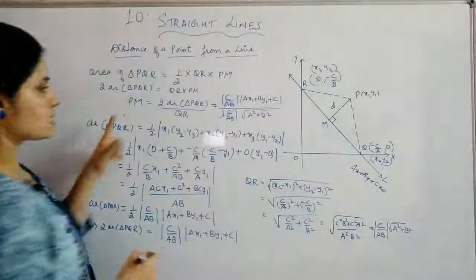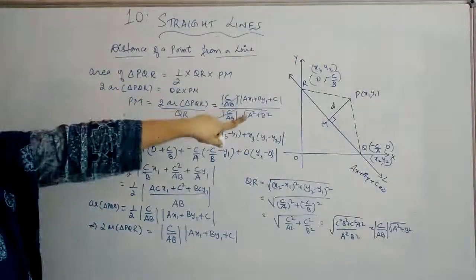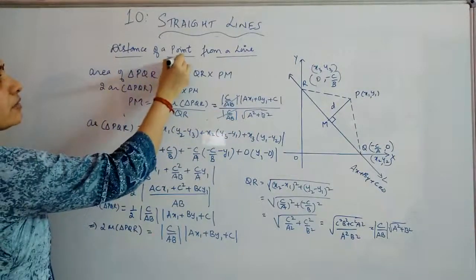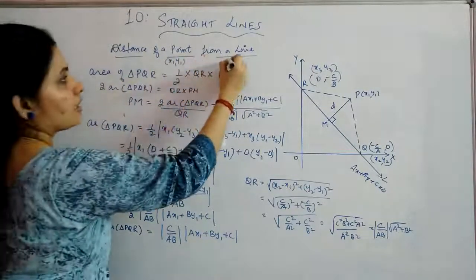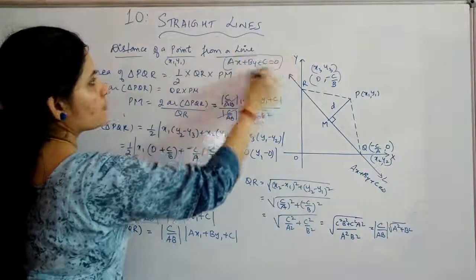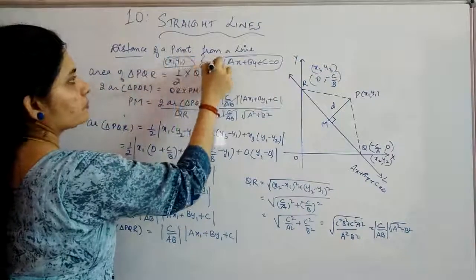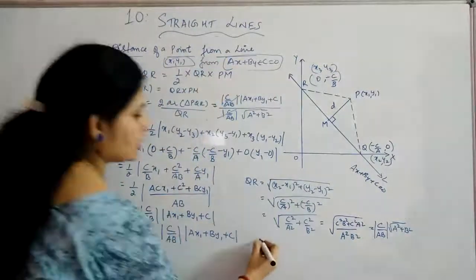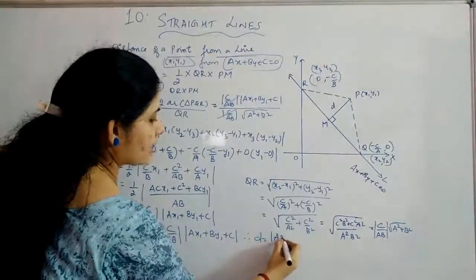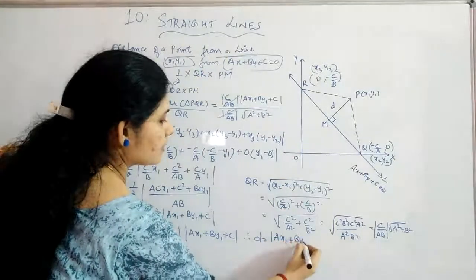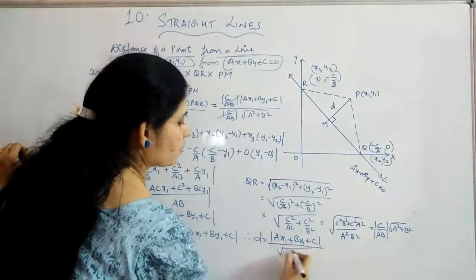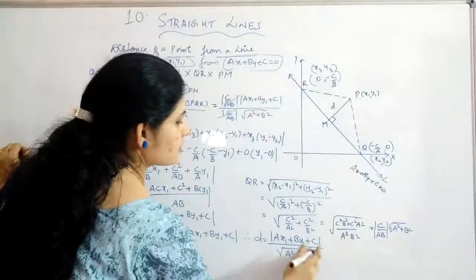So you are getting PM, which has been taken as D. That is the distance of the point x1, y1 from the line AX plus BY plus C equal to 0 as D is equal to modulus of AX1 plus BY1 plus C divided by root of a square plus b square.